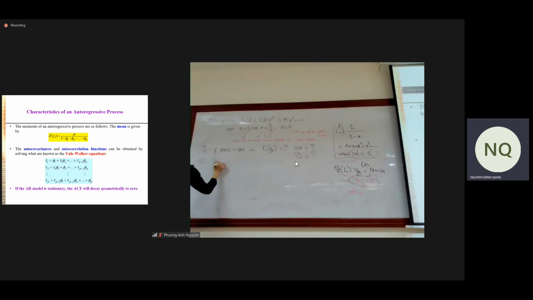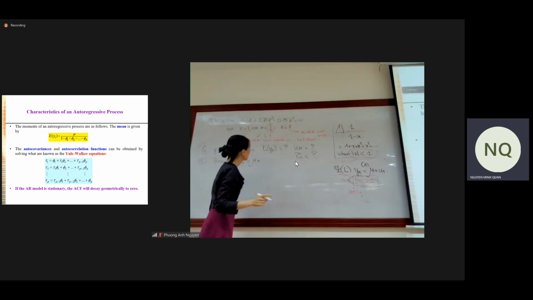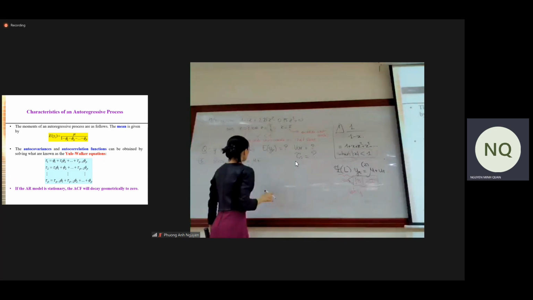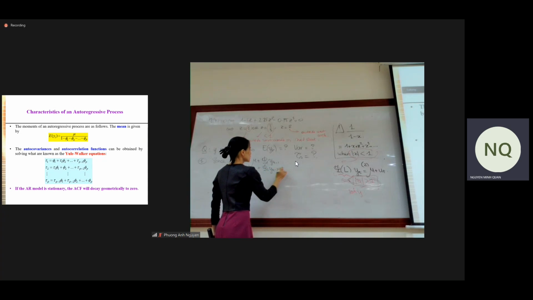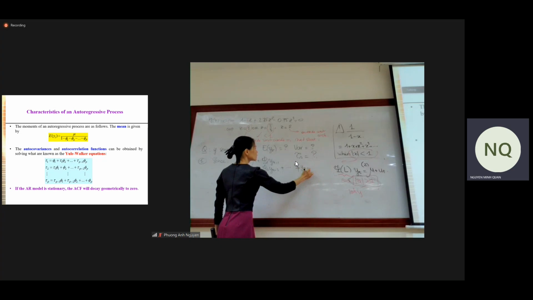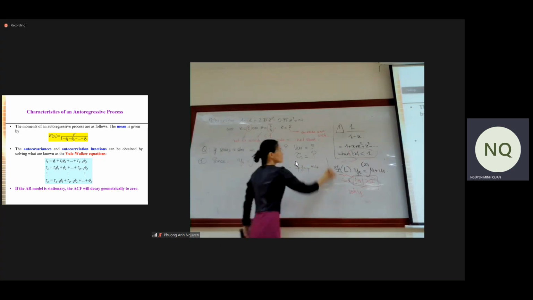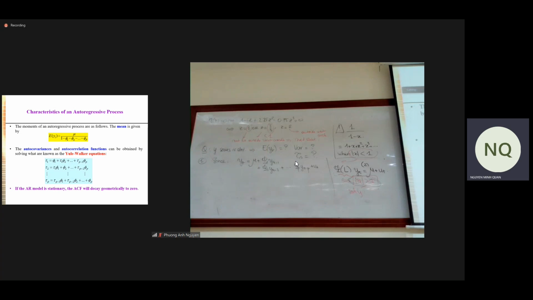Since from the AR(p) model we have y_t equals mu plus phi_1 y_{t-1} plus phi_2 y_{t-2} plus phi_3 y_{t-3} plus the noise, like before, I take the expectation.